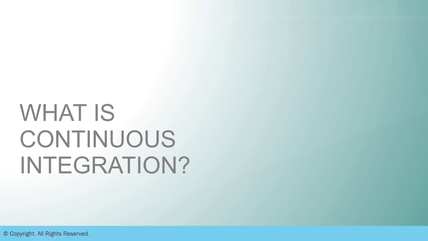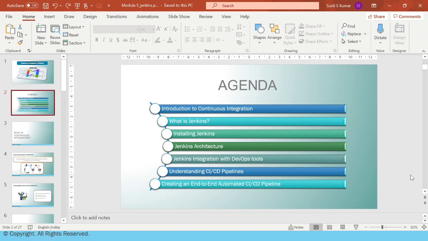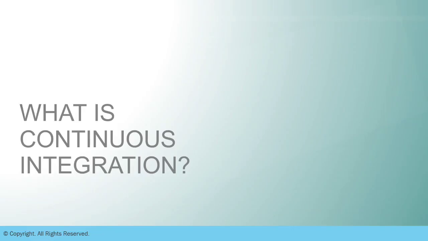What is continuous integration? If you remember, till now we have covered the introduction to DevOps and what a version control system is. Second comes continuous integration, where we connect our multiple target machines, whether they are production, test, or any other release management or release deployment target environment, where we want to connect our end-to-end delivery.